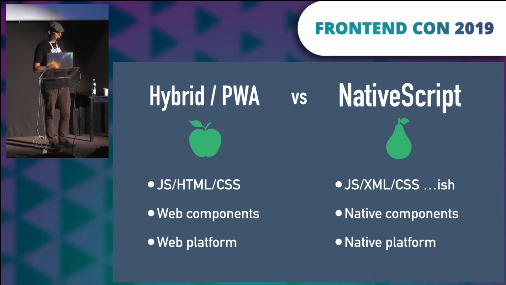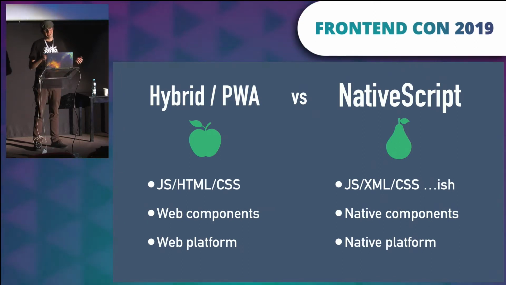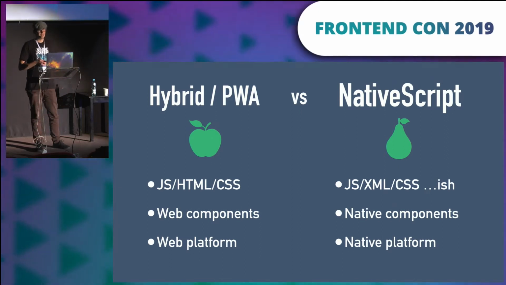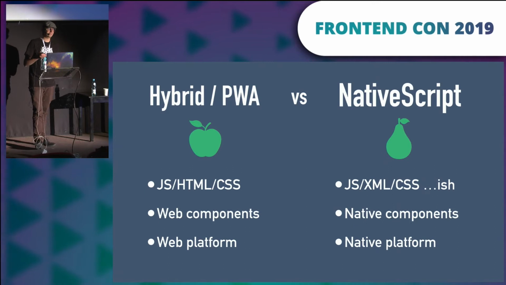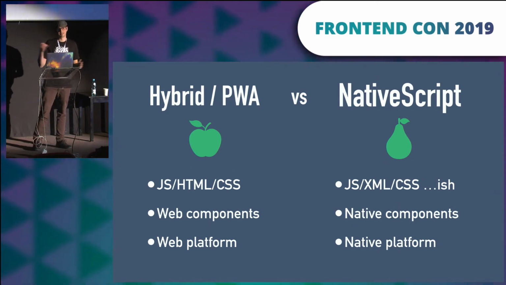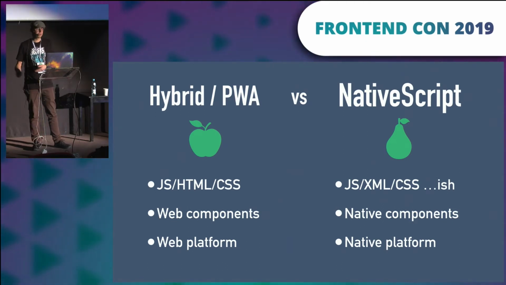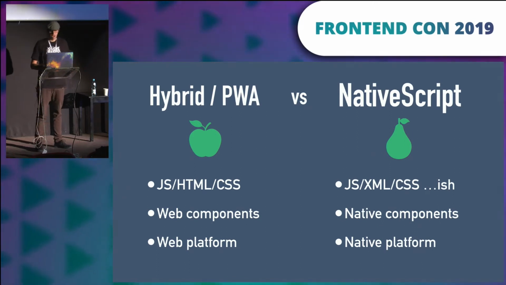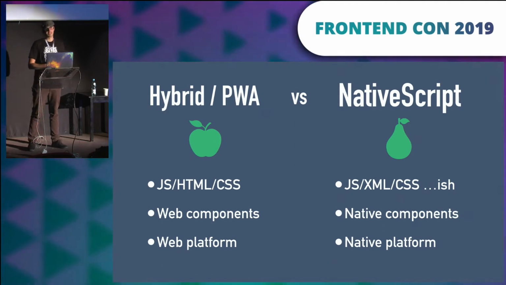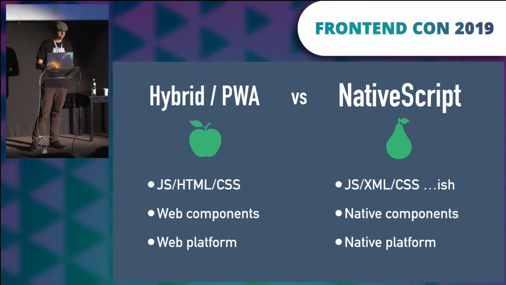And with NativeScript, you kind of use the same technologies, so JavaScript and XML, because we don't actually use HTML components, and CSS. There is not like a one-to-one match between web CSS and NativeScript CSS, because there are properties that only make sense on NativeScript and properties that only make sense on the web. But as much as possible, the properties are the same, so it feels very familiar.